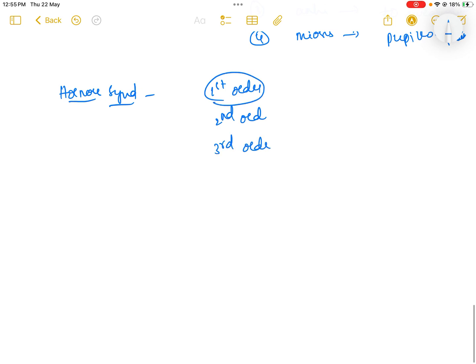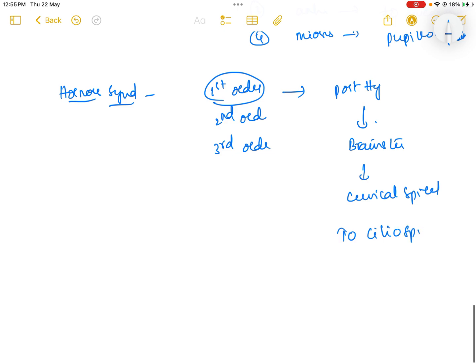First order neuron, it travels from the posterior hypothalamus, as already told, to the brainstem, to the cervical spinal cord, to ciliospinal center of Budge.